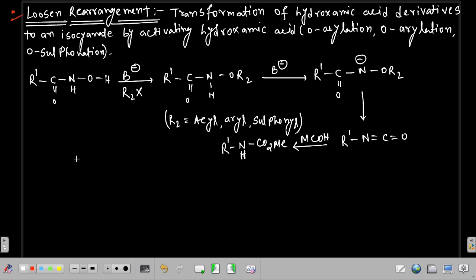Our next reaction is the Lossen rearrangement. This is a transformation of hydroxamic acid derivatives to an isocyanate by activating the hydroxamic acid. Like this is a hydroxamic acid.